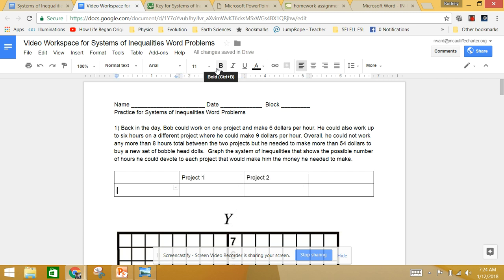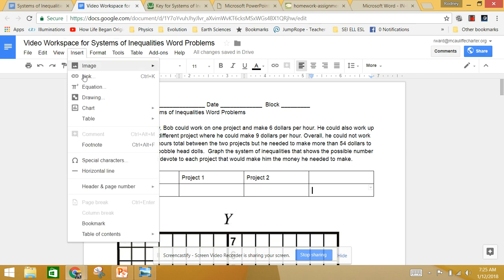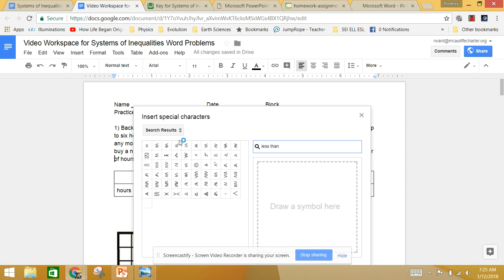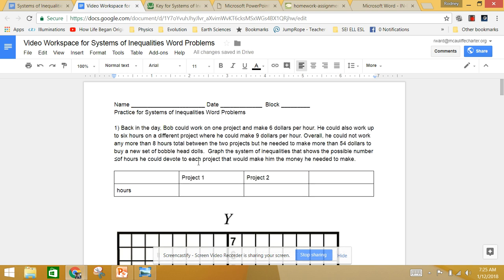Okay, so I have an hours situation. So hours, I know that the sum of the hours can't be any more than 8 hours. So I'm going to need some sort of inequality. So I'm going to go ahead and plug in an inequality for this. Got the less than or equal to symbol I'm putting in there.